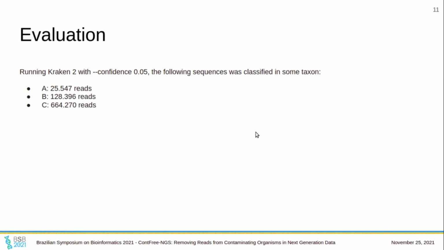And after running Kraken 2 with confidence 0.05, the following sequences were classified in some taxon. And as you can see here, for the three datasets, nearly half of all sequences were assigned to a taxon. So we can choose whether we will remove these reads or not.